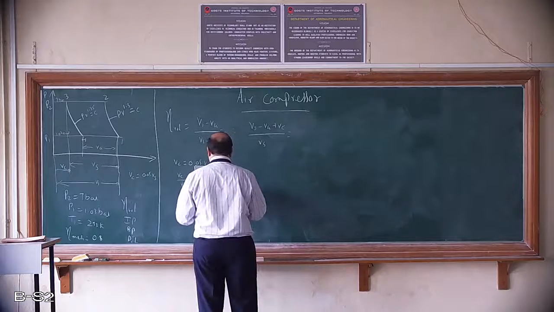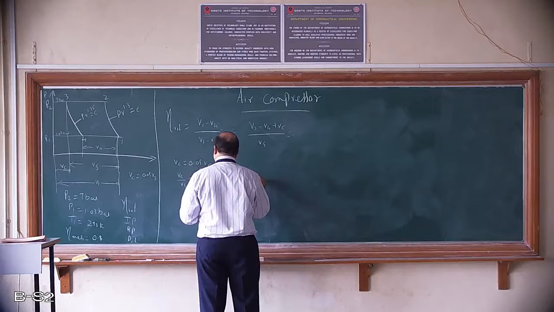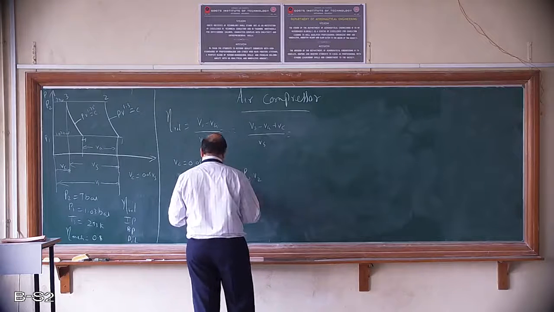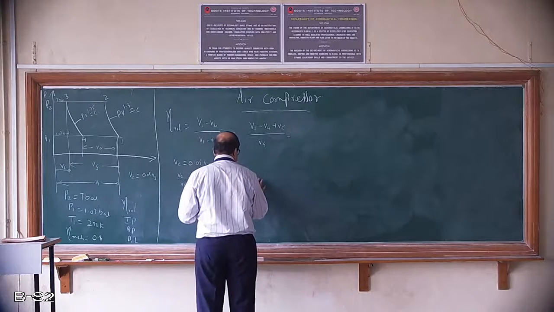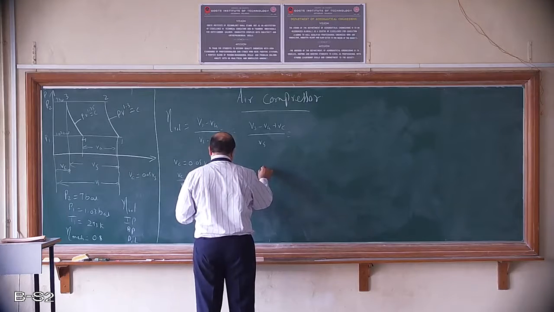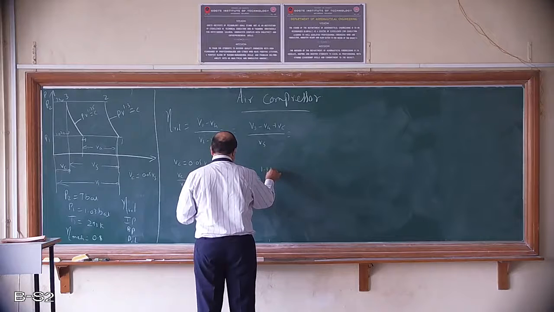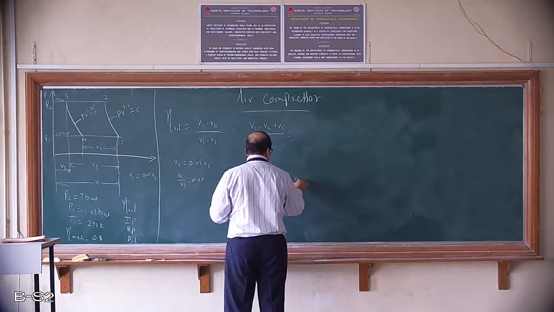So what is given? P2, V2. We know P3 V3 to the power of 1.35 is equal to P4 V4 to the power of 1.35.